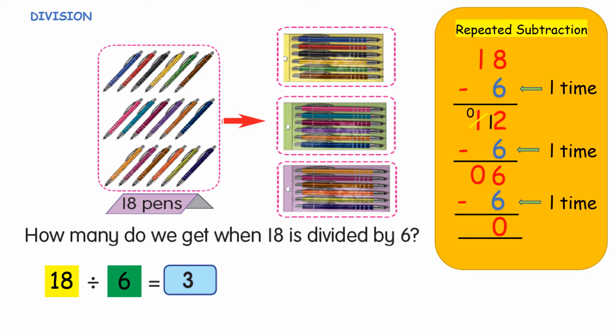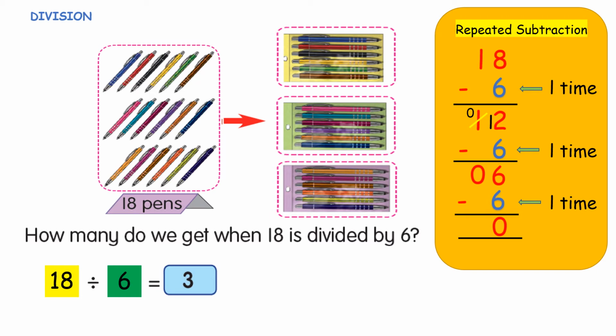So class, this is what we call repeated subtraction, because we repeat minus 6. In this division, we minus 6 three times. We minus it with 6 until the balance of the pens is 0.